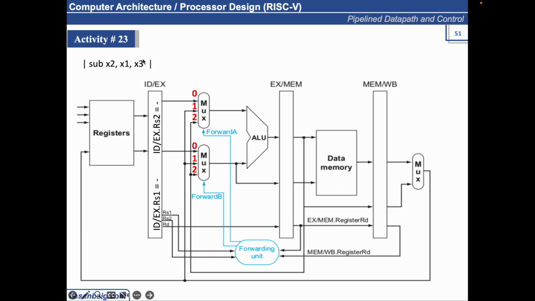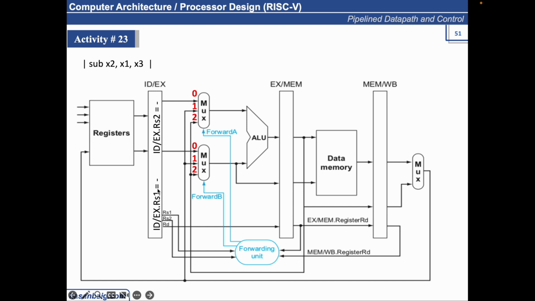When the instruction is in the instruction decode phase, in this diagram we have excluded the instruction fetch phase because there is no point in including it. Here you see the IDX RS1 is not updated yet in this register. Just to clarify, this RS2 is not the one going into this mux. It just shows the value of RS2 sitting in this IDX register.